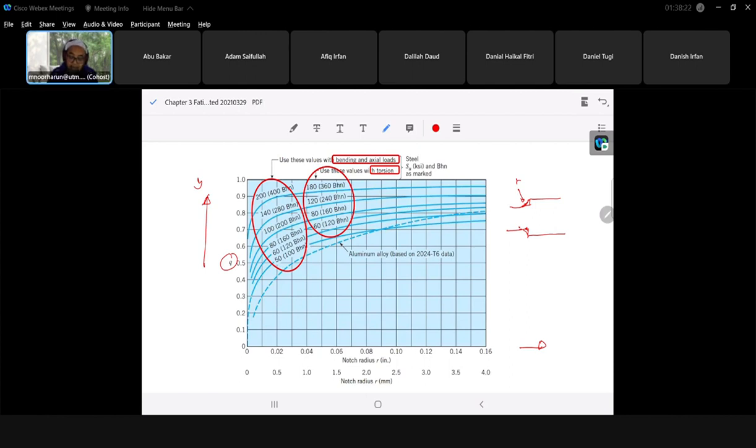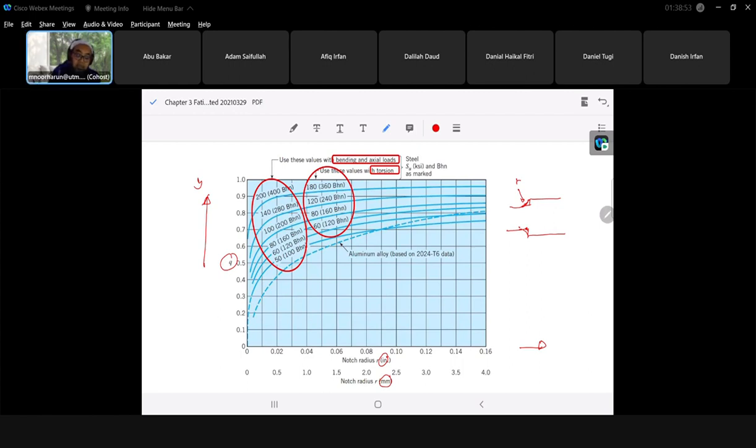Above is inch and below is millimeter. If you see in the graph, this is for steel. Steel, BHN, Brinell hardness.